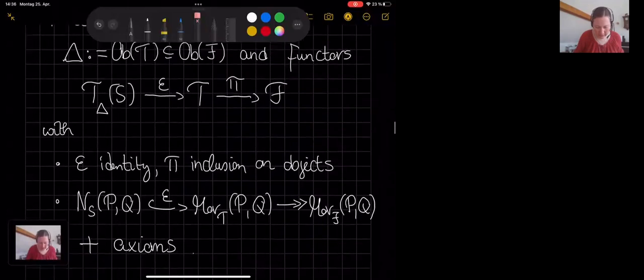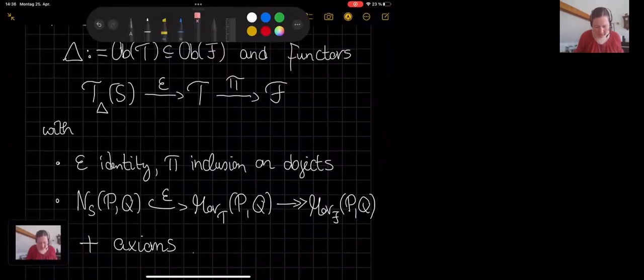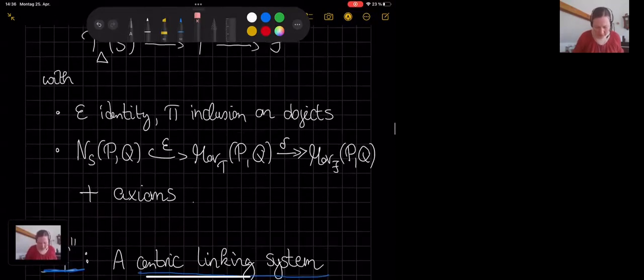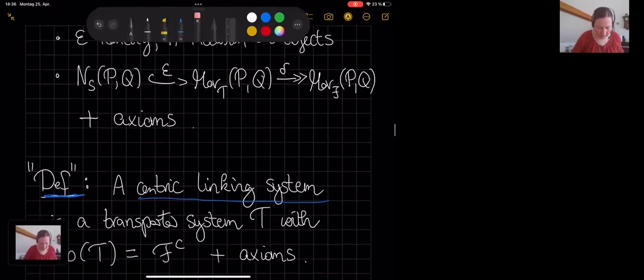Okay, and then we also get that this epsilon is injective on morphism sets, which I've hinted with this kind of arrow here. And delta is surjective on morphism sets, which I've hinted with this kind of arrow here. And then several other axioms hold.